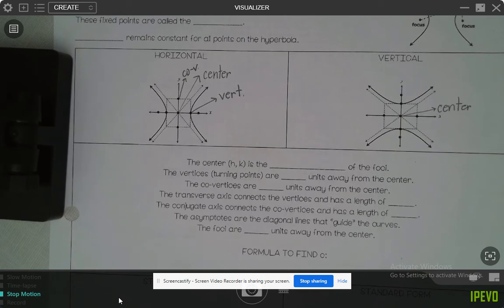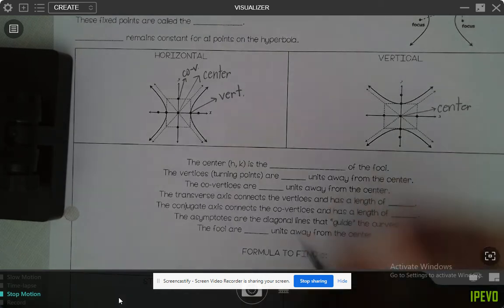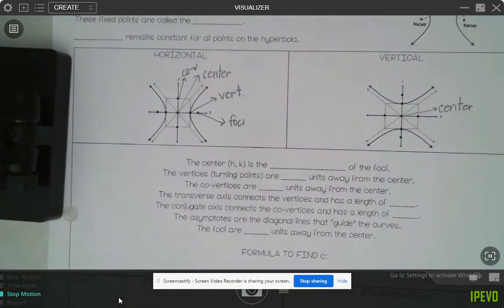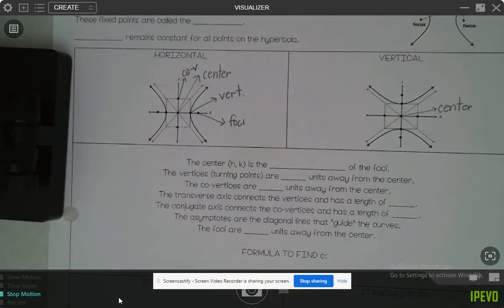That's going to be important. And then the foci, just like the foci in anything else, are hanging on the outside. Co-vertices will never be attached. Vertices will always be the turning point. Foci will be what the hyperbola is curving around.